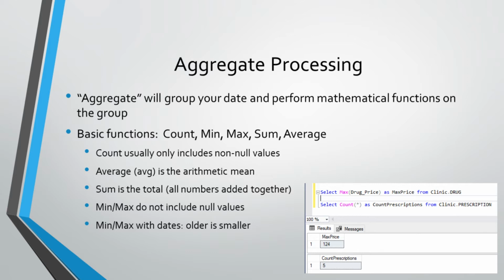Or in the future. So in the past is min, in the future is max, as long as you can keep that straight in your head as to what that means by min and max. And that gives you some basic information on aggregate processing. Let's talk about how we're going to use that with a little bit more detail.